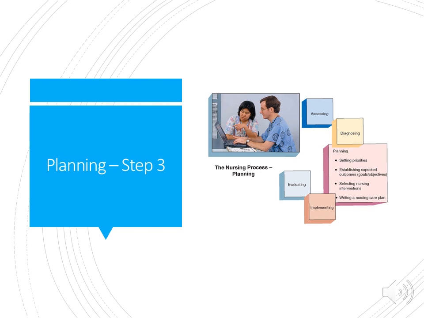So then our priority nursing diagnosis is imbalanced nutrition, less than body requirements. Now we are going to put a plan into place to make sure that we are hitting each element of our nursing diagnosis. Okay.